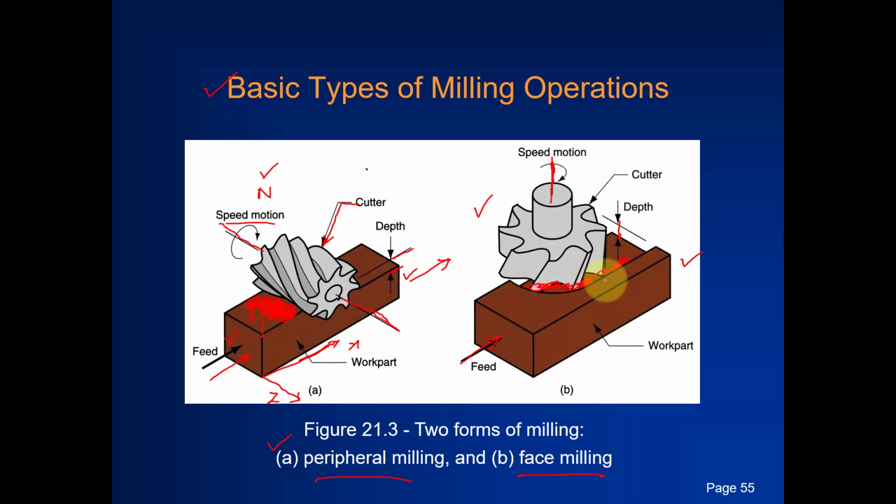So that type of milling operation in which the axis of rotation of the cutter is perpendicular to the surface that is being machined is known as face milling. Clear? Any question?